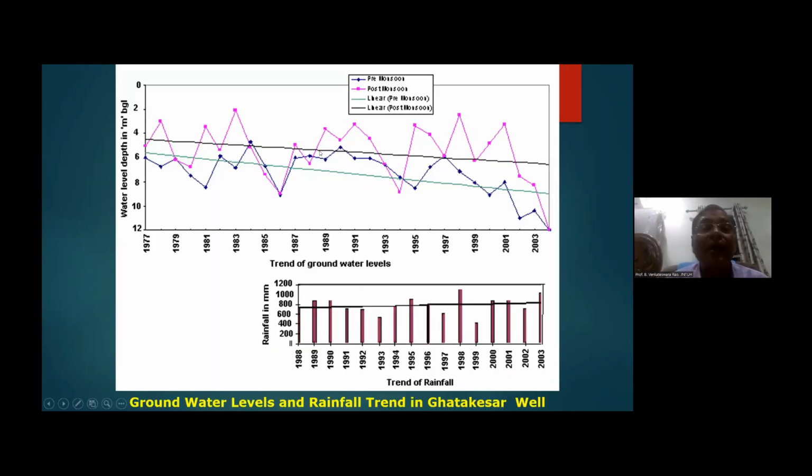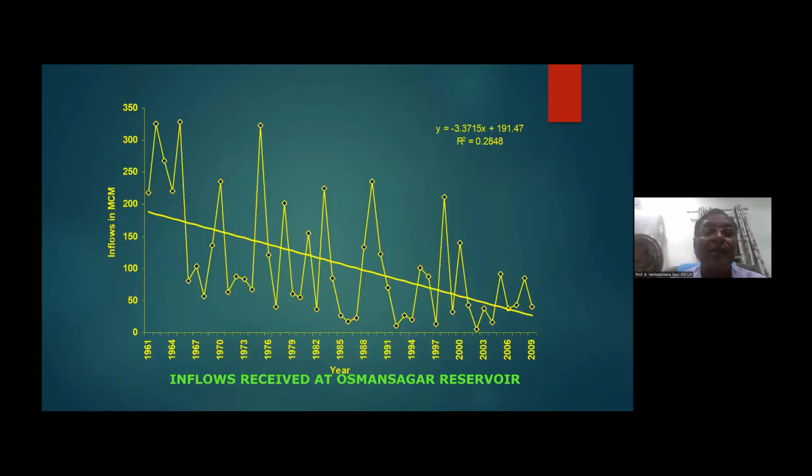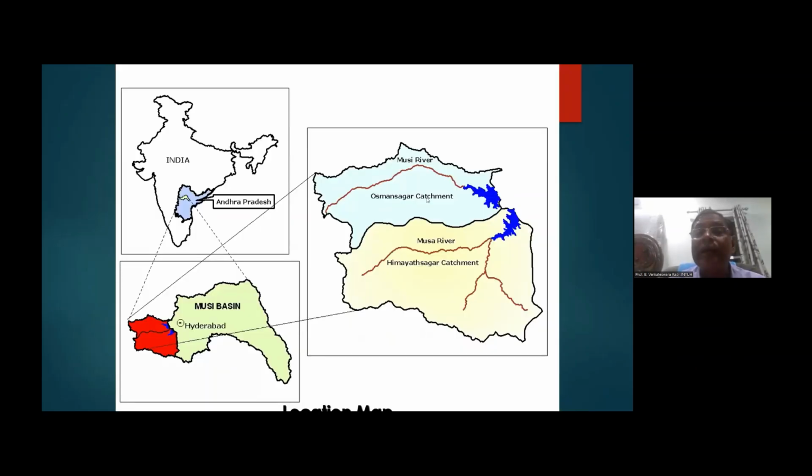Now, if you observe the groundwater table in one of these observation wells, these are the trends of groundwater levels, which are falling. One is post-monsoon, another is pre-monsoon, whereas the rainfall is almost the same, yet the groundwater levels are falling down. This is one of the scenarios we found in the catchments of these reservoirs: groundwater levels are continuously falling.